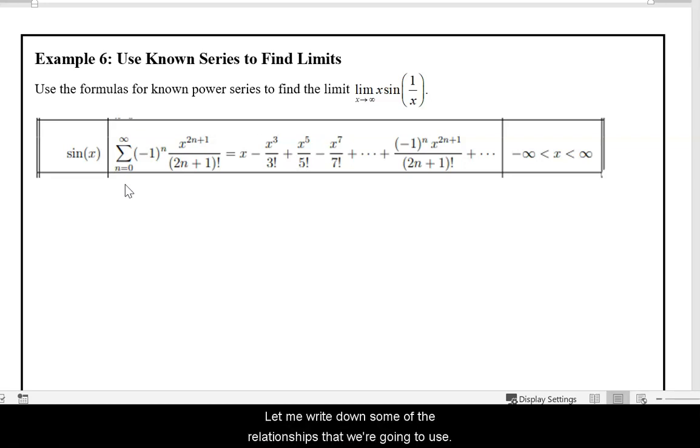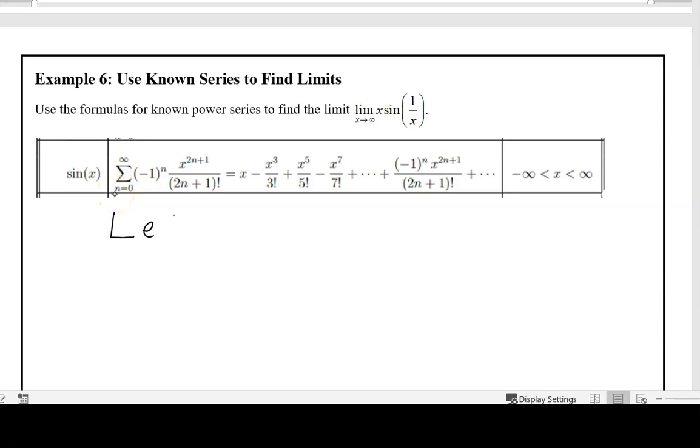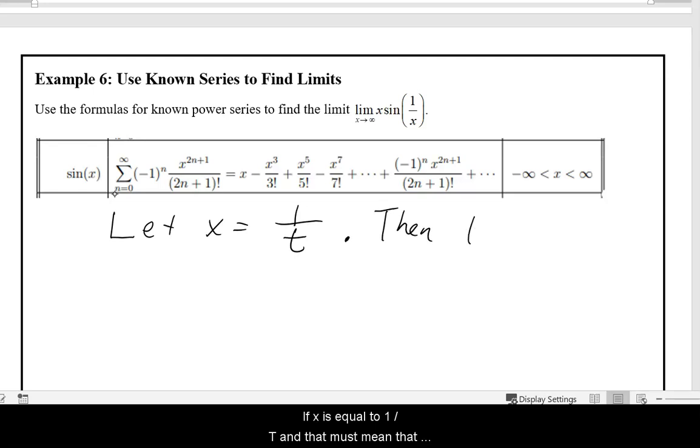Let me write down some of the relationships that we're going to use. The dummy variable called a parameter that we're going to use in this case is t. We'll use a lowercase letter t, and we will let x be equal to 1 divided by t. If x is equal to 1 divided by t, then that must mean that t is equal to 1 divided by x. They do have an inverse relationship.